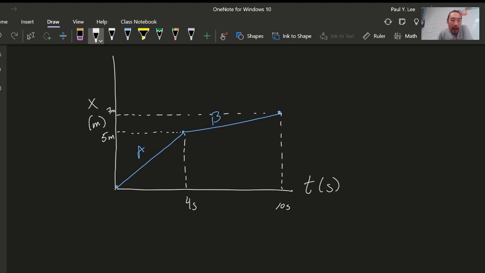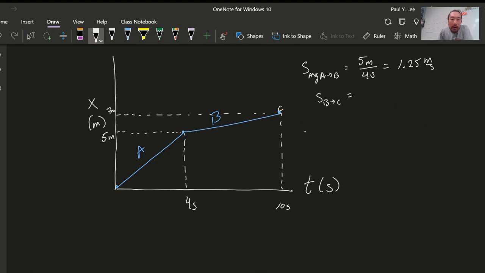So we could find the average speed for parts A and B. For A to B, the total distance that we traveled is 5 meters, and the total time that it took was 4 seconds. So that would be 1.25 meters per second.